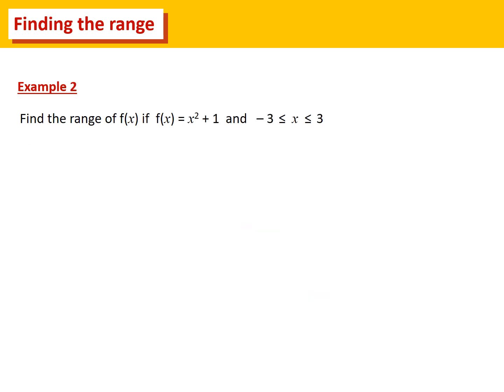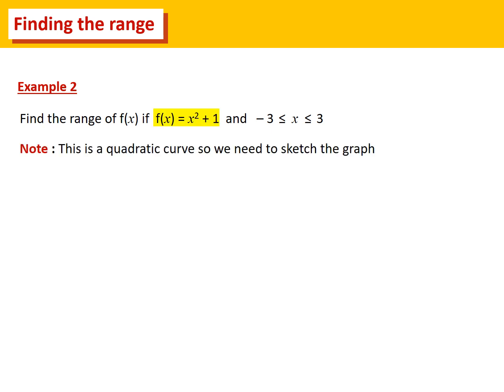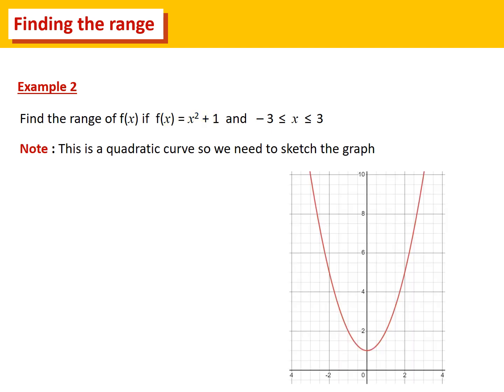We need to be careful with example 2. First of all, we need to note that the function equals x squared plus 1, and that's a quadratic curve, not a straight line. And therefore we need to sketch the graph, and it looks something like this. The second point to note, our x values are between -3 all the way up to 3.